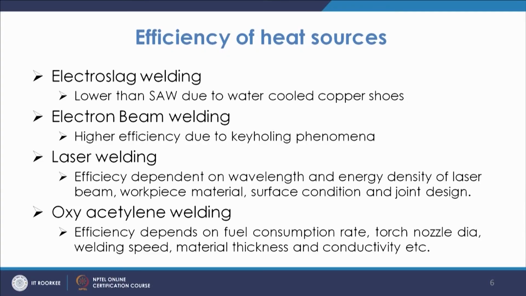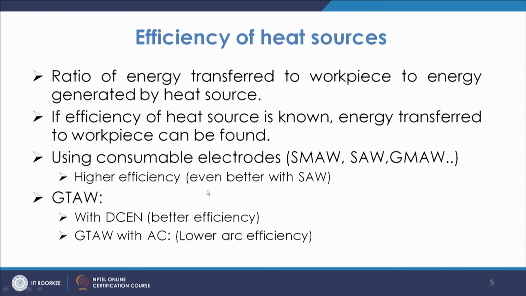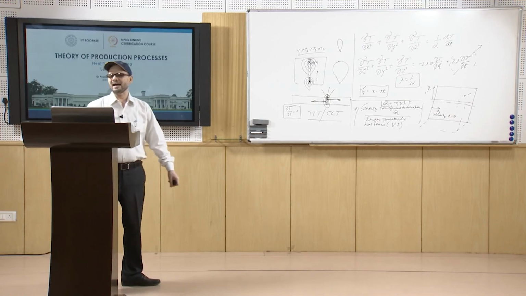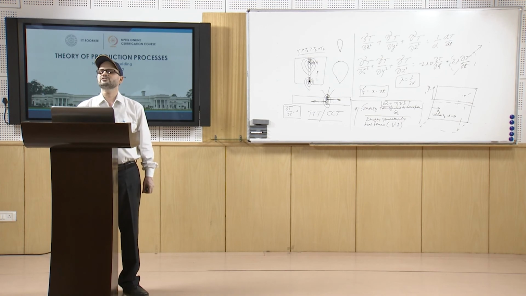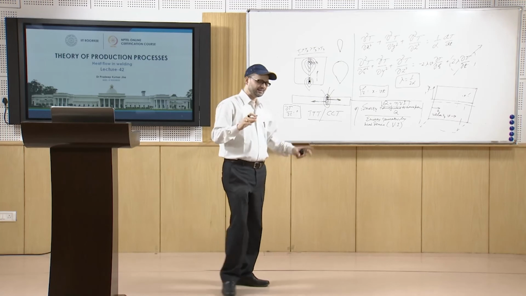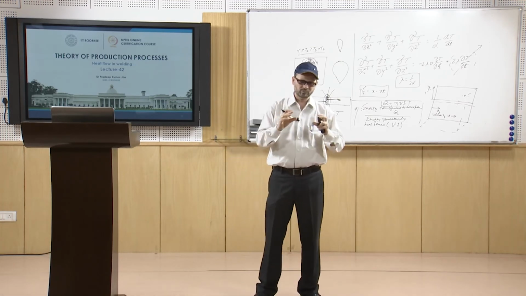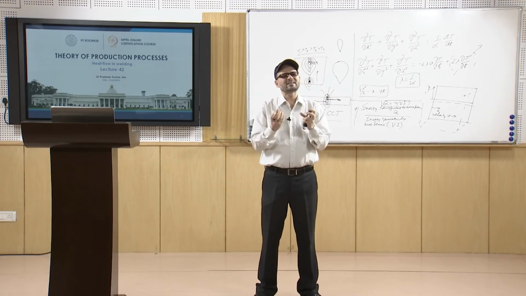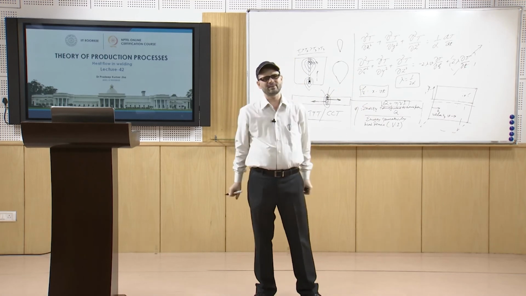Now, coming to electroslag welding, its efficiency is lesser than SAW. If you look at these consumable electrode processes, SAW is even better than the others, because in submerged arc welding, as we know, the arc is under the blanket of flux.